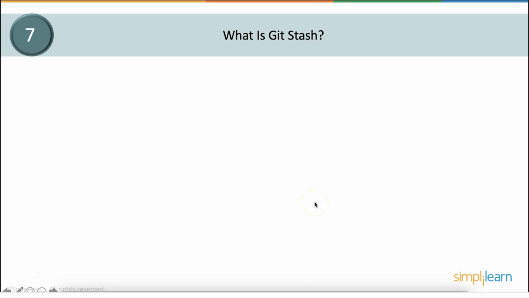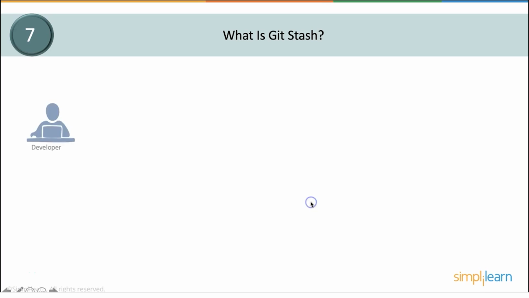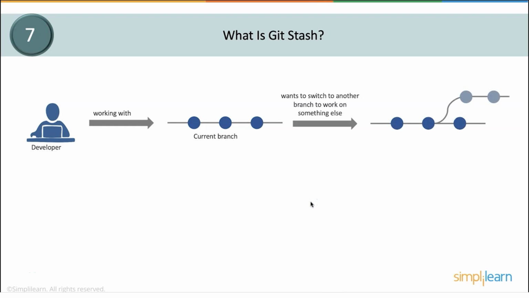Okay, so the next question is: what is Git stash? Imagine we are a developer working on the current branch and want to switch to another branch to work on something else. But you don't want to commit the changes to your unfinished work because the changes are not yet decided.